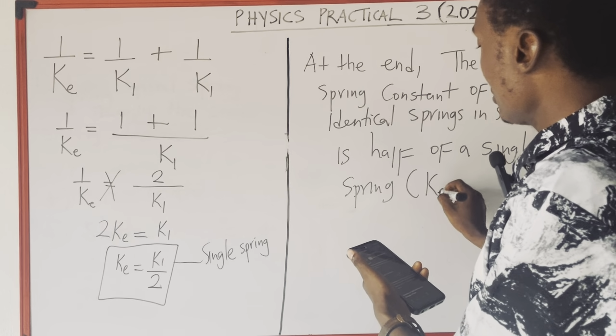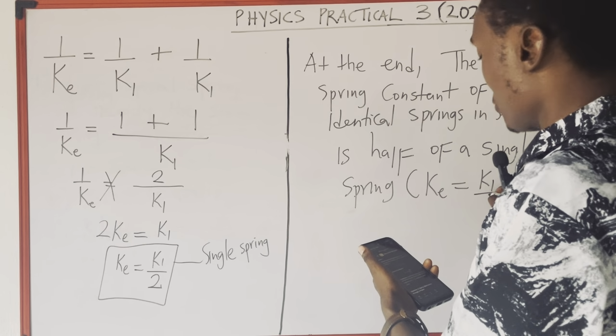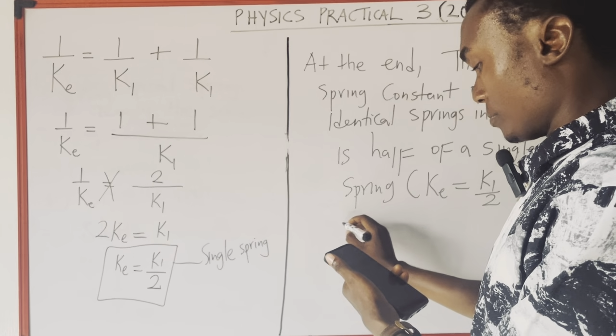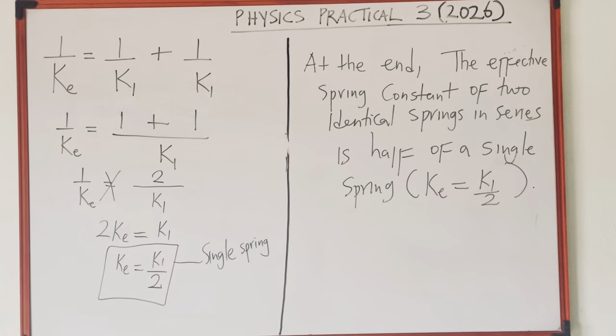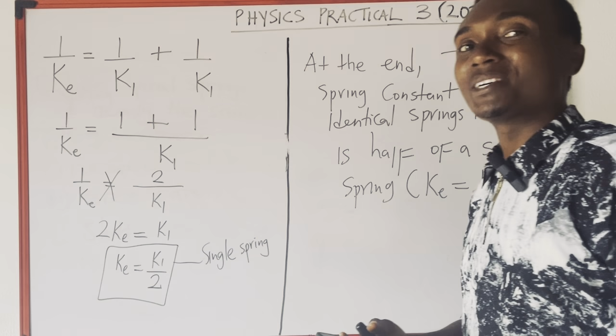That is Ke is equal to K1 over 2. And that is it. So this is how you solve that question.